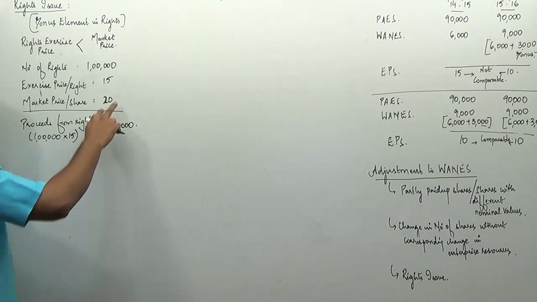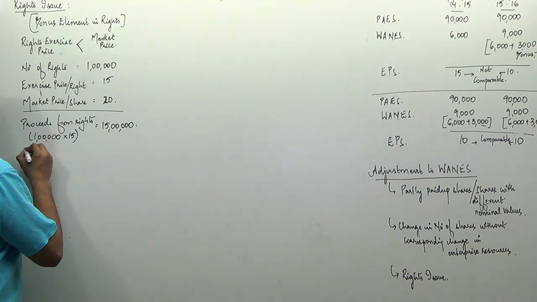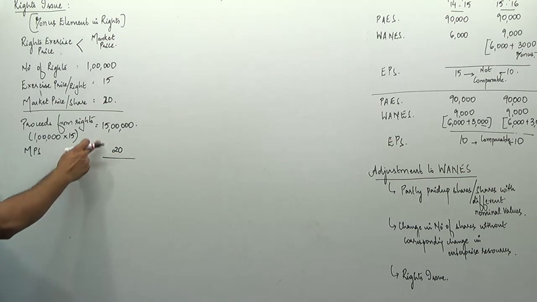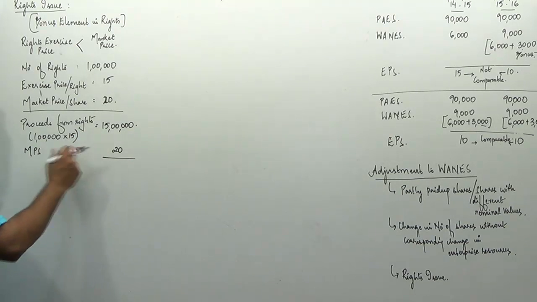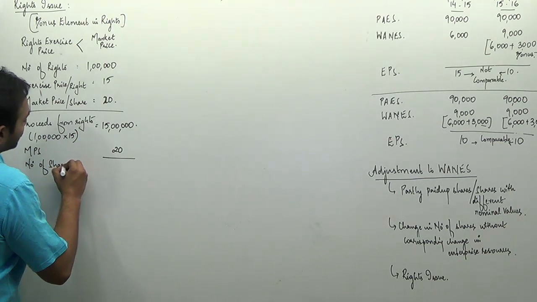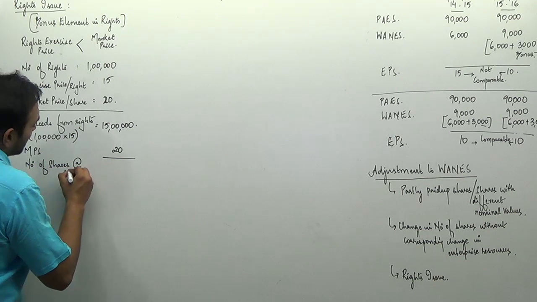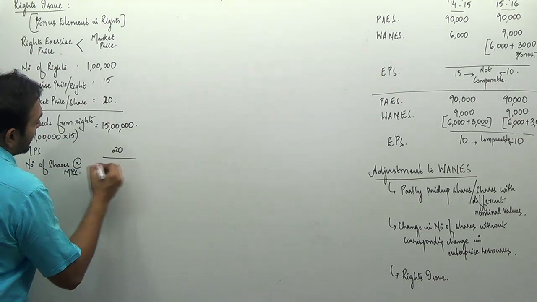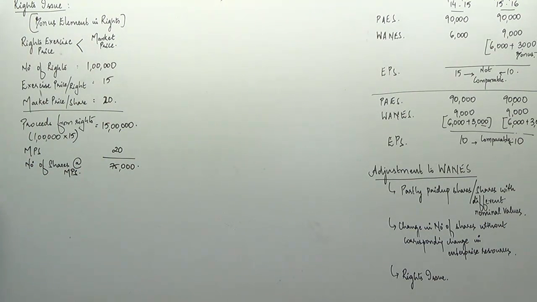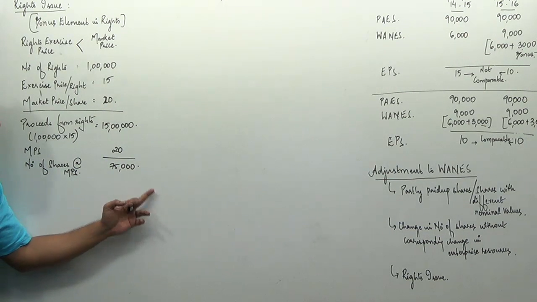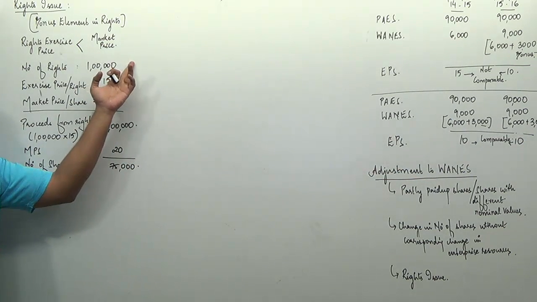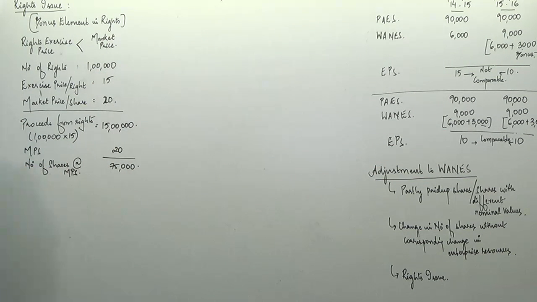But guys, each share is allotted at 20. So market price per share is 20. So to collect 15 lakhs, if the share is issued at market price, number of shares at market price per share is equal to 75,000. That means it would have been sufficient to issue 75,000 shares at market price to get the same proceeds that you got from issue of 1 lakh rights.